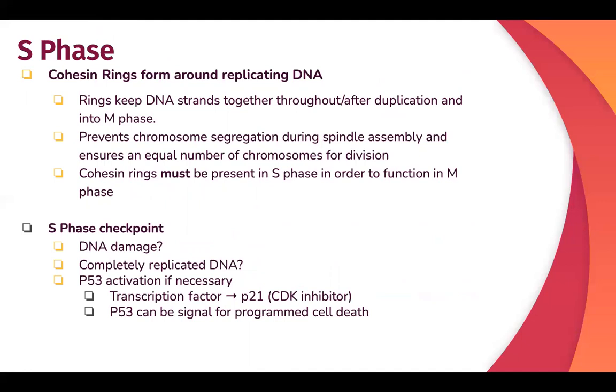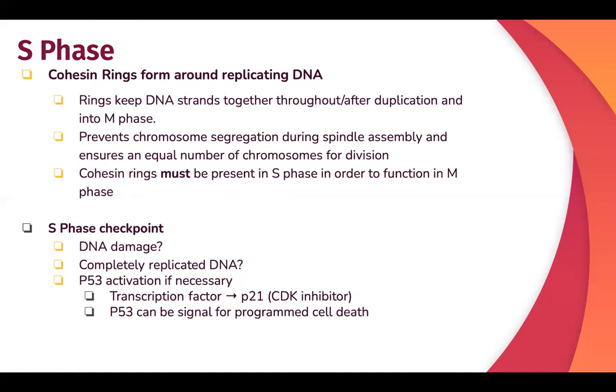DNA. The rings make sure that DNA strands stay together throughout replication and duplication so that in the end, you don't get cells that have a different amount of DNA. They prevent chromosome segregation, and they have to be present in S phase in order for M phase to function. Again, you don't want the chromosomes separating before they need to be.